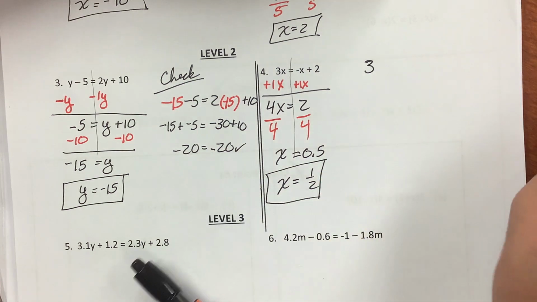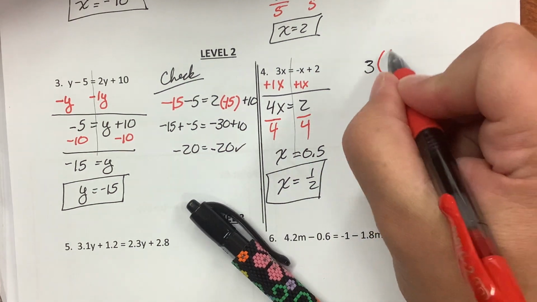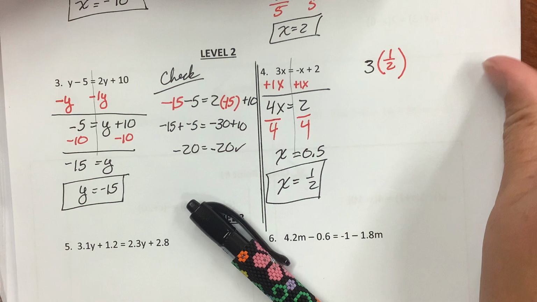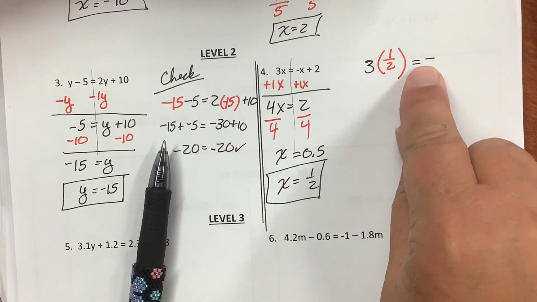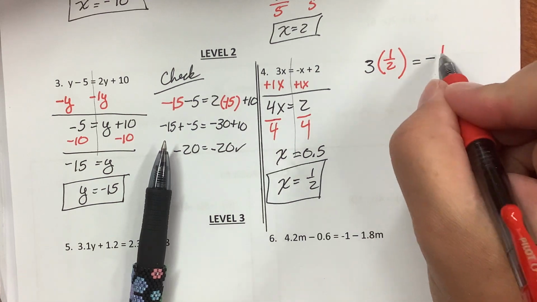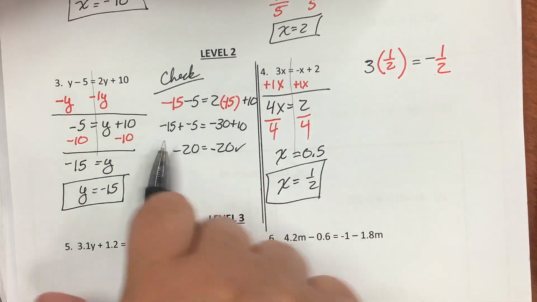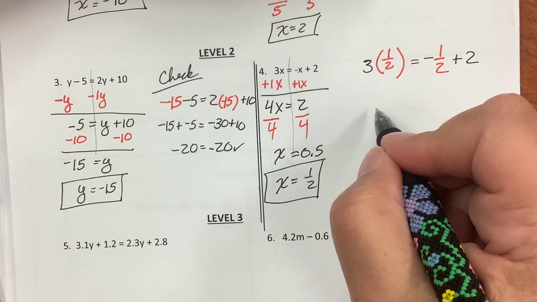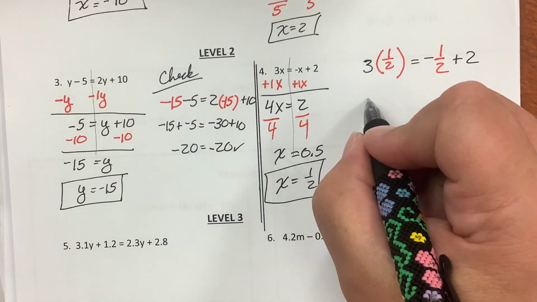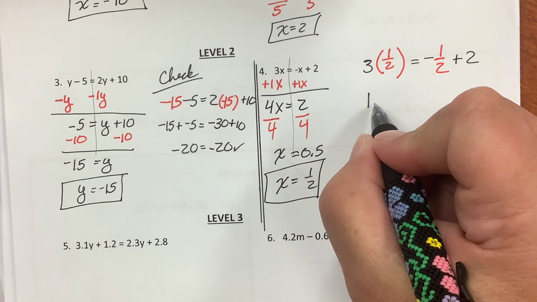3 times 1/2 equals negative 1/2 plus 2. 3 times 1/2, well, what's half of $3? $1.50, or 1.5.